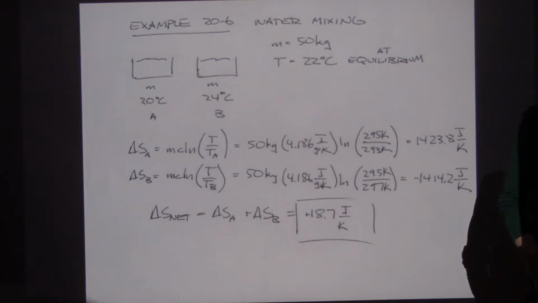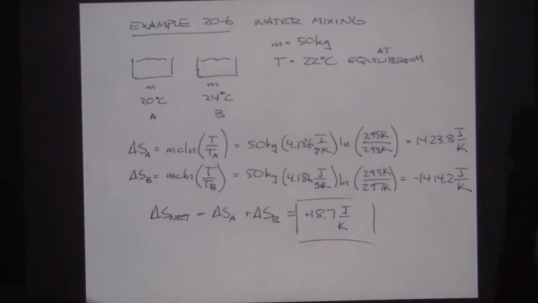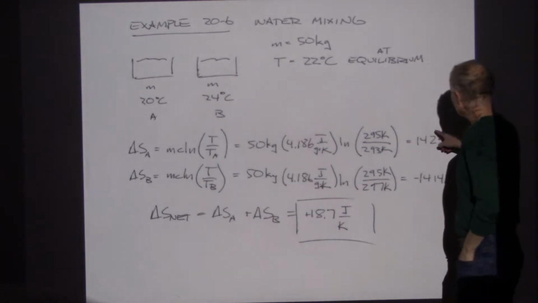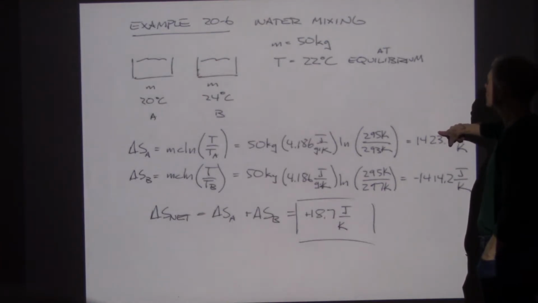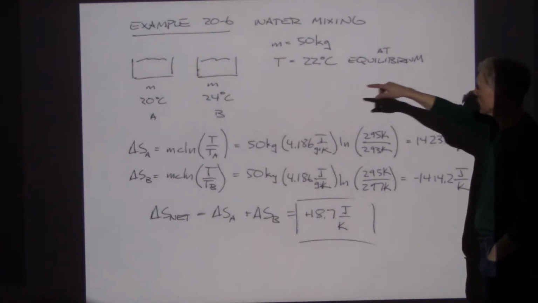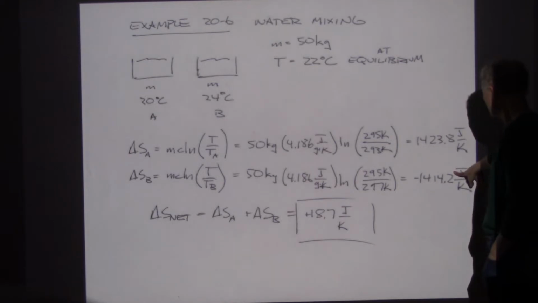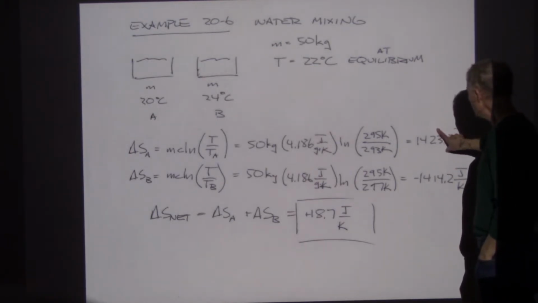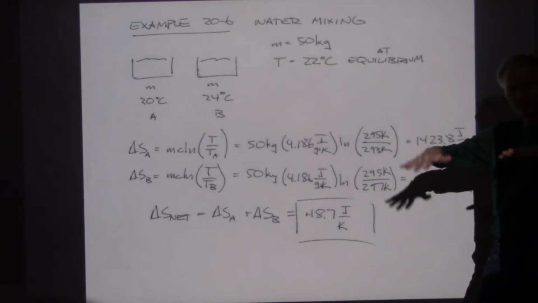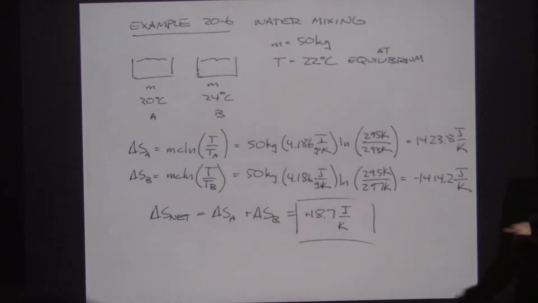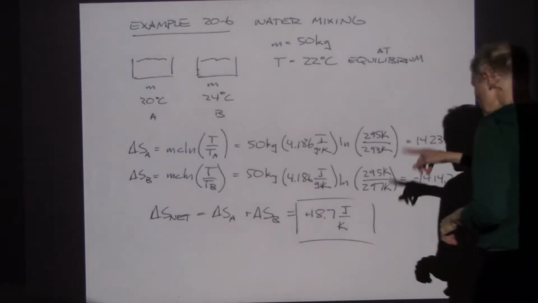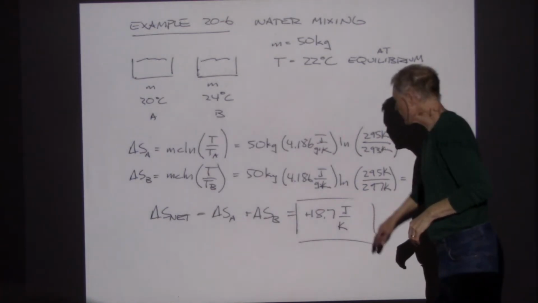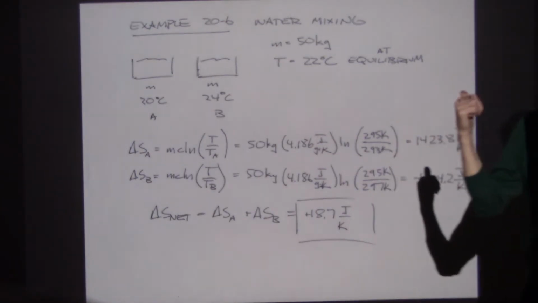And as a result, the overall net entropy change is really small. These materials did not change their temperature very much. And so the temperature increase on the 20 degree side almost matched the entropy decrease. Entropy increases and decreases just about balanced out, but not quite. Okay, so even for these temperatures that are really close, there's going to be a net entropy increase, and that says that it's not a reversible process.